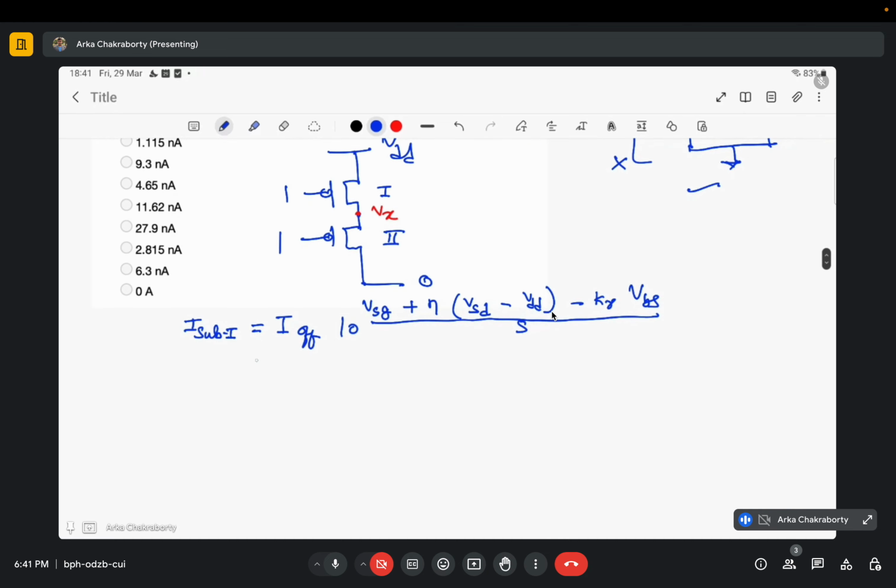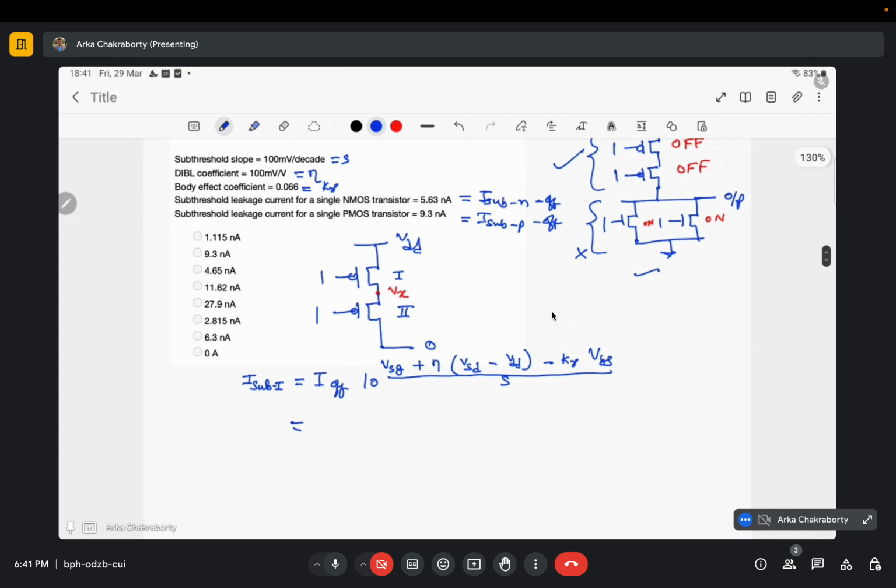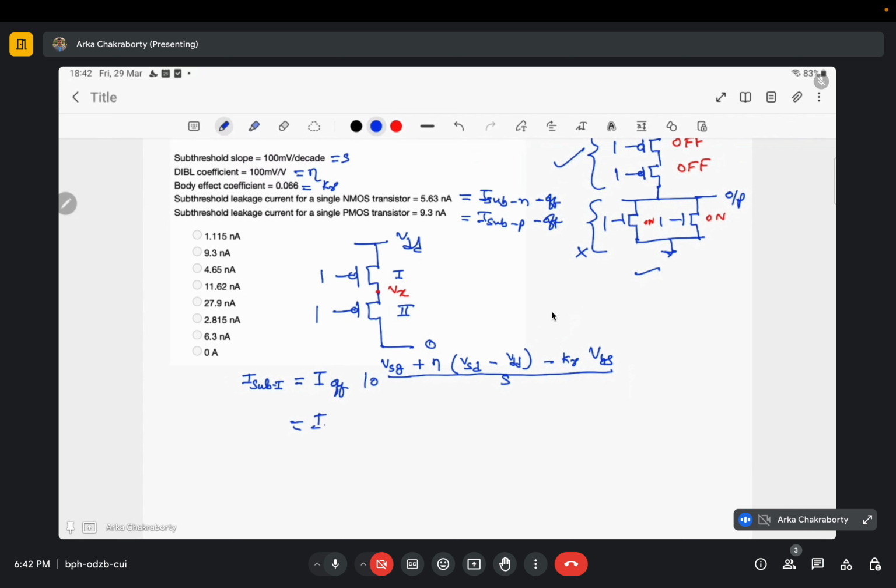Okay, as PMOS is asked, we'll be taking I0 as 9.3 nano. Let me keep it as I0 for now. So VSG: for transistor 1, my Vs is VDD, VG is also VDD.